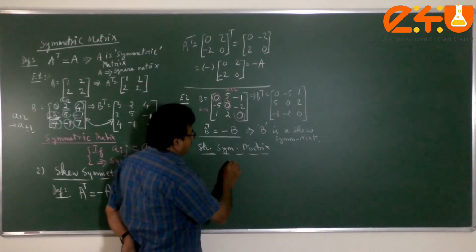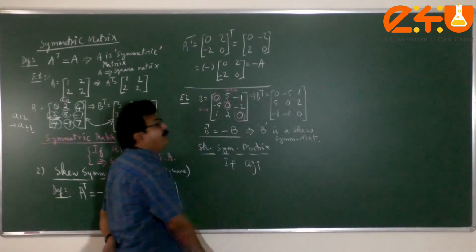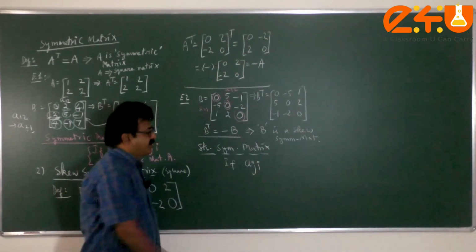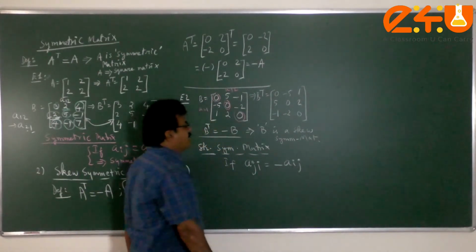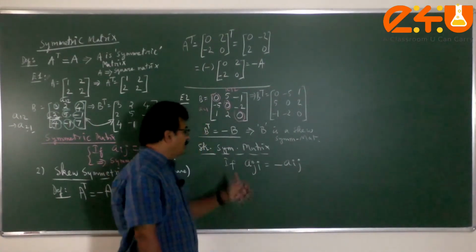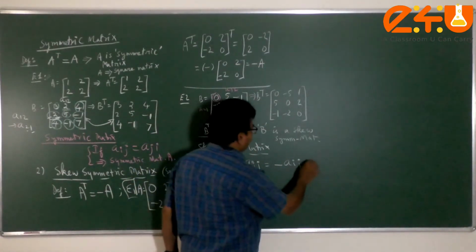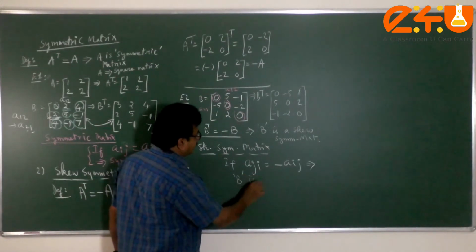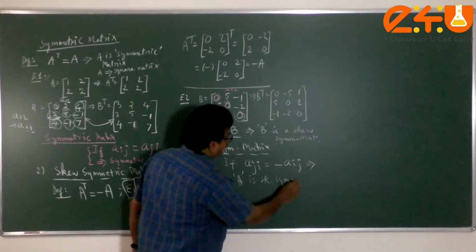If every entry Aji, meaning the entries in the transposed matrix, happens to be the negative of the elements in the original position Aij, so Aji is minus of Aij, then we can say that the matrix A is a skew symmetric matrix.